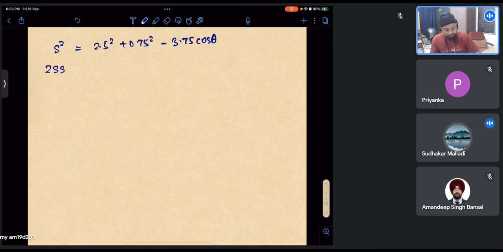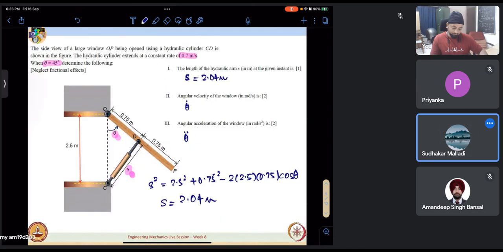So it will come to 2s... It is not a right triangle, right? Maybe see, in the question, if it is given that it is 45 degrees, at some point it might turn out, if this was also 0.75, then it could have happened that it comes to a right triangle.